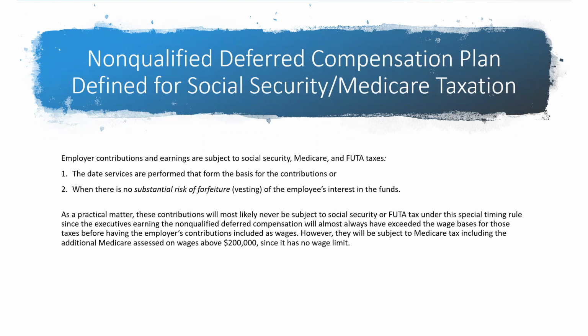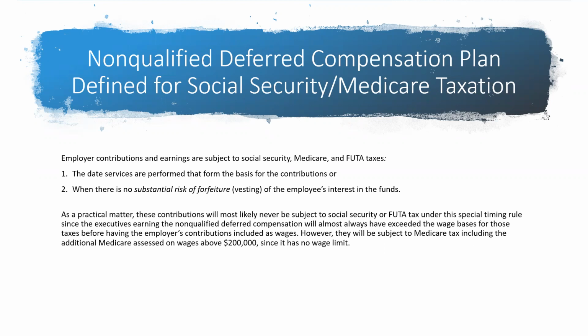Keep in mind that typically these contributions will likely never be subject to Social Security or FUTA tax under this special timing rule, because your typical C-suite or executives' earnings on a non-qualified deferred compensation plan are almost always higher than that wage base for each plan. But they will be subject to Medicare tax, including the additional Medicare tax assessed on wages over $200,000.